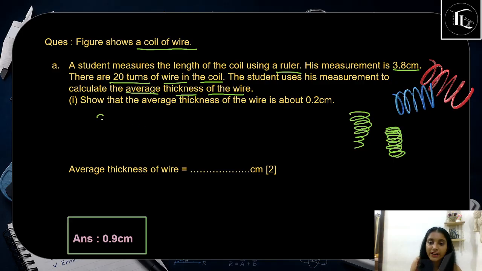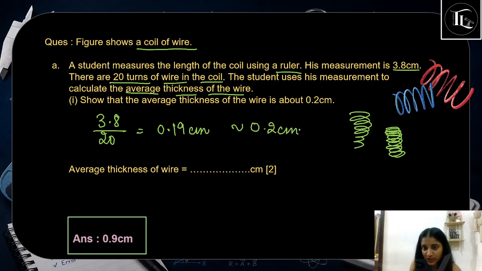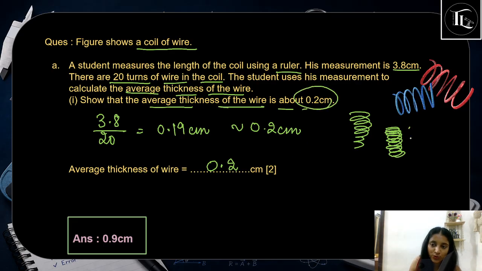That means how can we find out? We will simply have to divide 3.8 by 20, and we get 0.19 centimeter, which is approximately 0.2 centimeter. So the average thickness of the wire is 0.2 centimeter. So total length divided by the number of turns. That is the working.